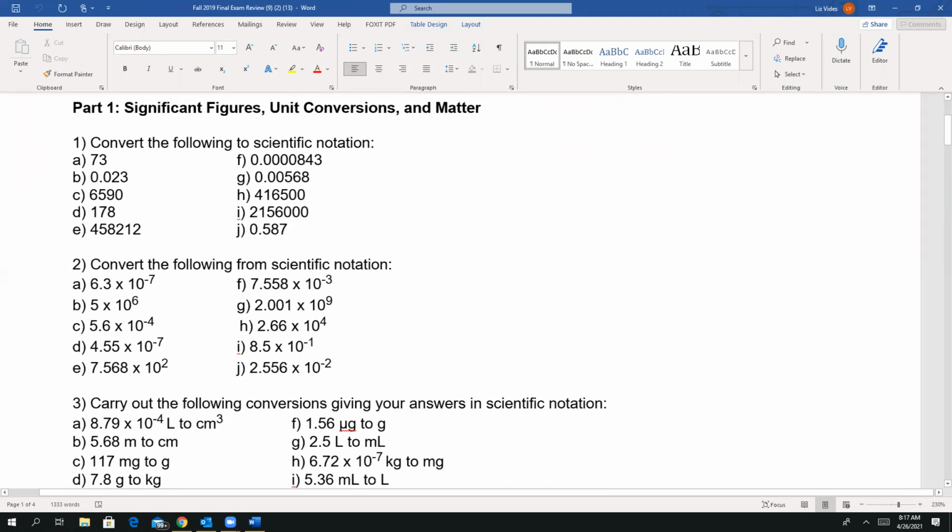We're going to start with these first, converting to scientific notation.